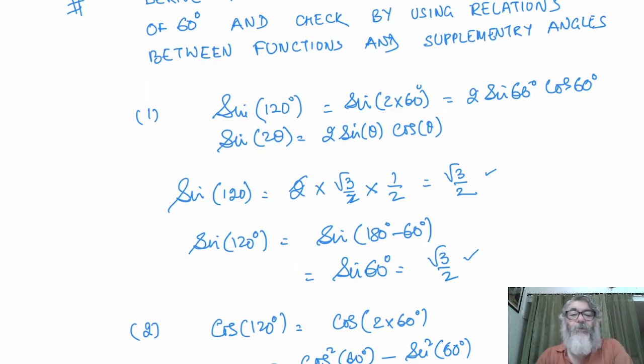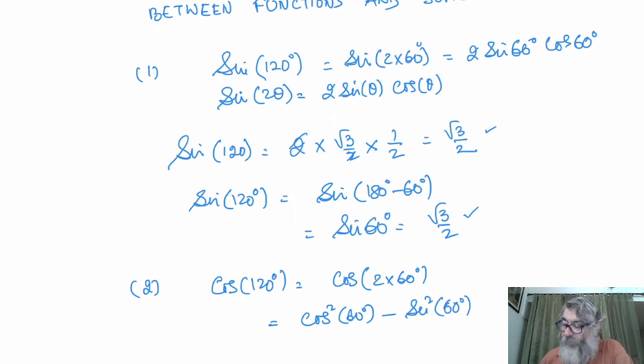I can use 2 cos square 60 minus 1, or I can use 1 minus 2 sin square 60. So the value of cos 60 is 1 upon 2 whole square, and sin 60 is root 3 upon 2 whole square. So 1 upon 4 minus 3 upon 4, which will come out to be minus 2 upon 4 or minus 1 upon 2.